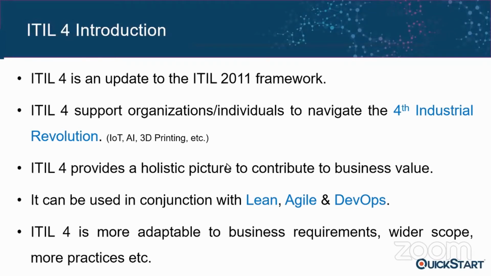These things either were not there when ITIL version 3 was there, or were not very commonly adopted methodologies. But now we do have these things. So the new ITIL 4 keeps this in mind, and works in conjunction with lean, agile, and DevOps.